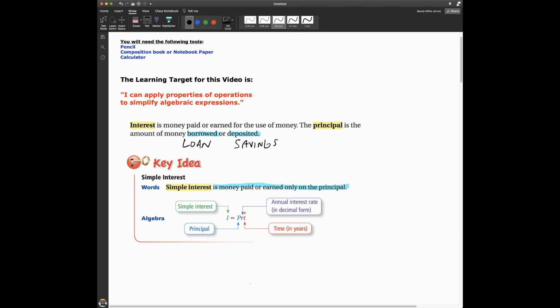And there's a formula for this, and it is the interest equals the principal times the interest rate times the time. So I'm going to stop the video here because I want you to write these definitions down in your composition book.